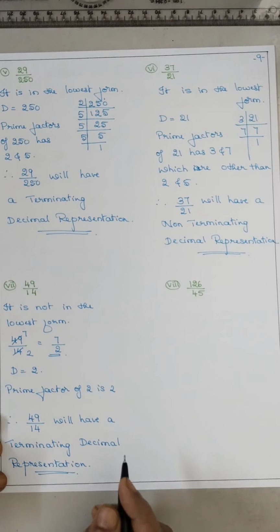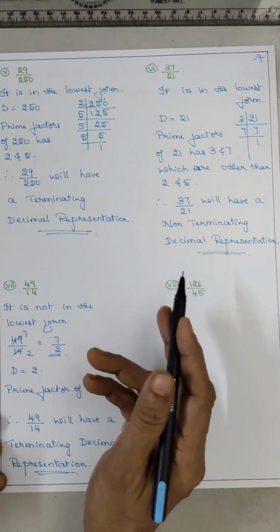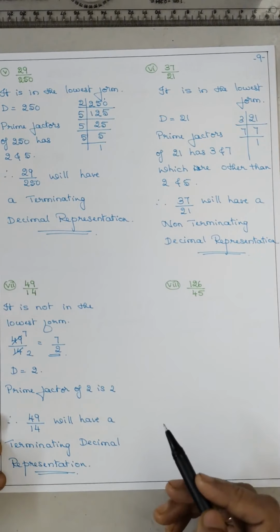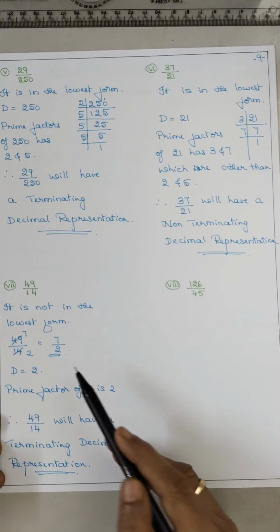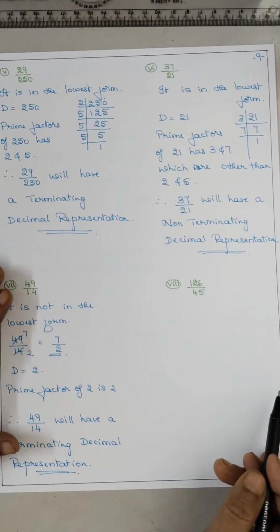If you had taken 49 by 14, the denominator 14 has 2 and 7, so it would seem non-terminating, but when you simplify you get 7 by 2, so it is terminating.